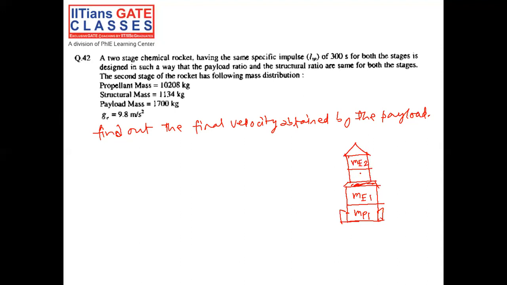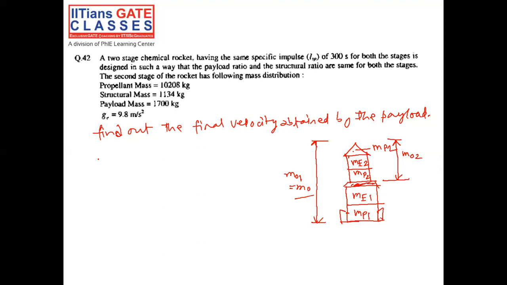Again, the structural mass and the propellant mass, and this is the payload mass MPL. Now this denotes the second stage of the rocket, and MO2 is the total mass of the second stage, and this of course is the total mass of the rocket before the rocket gets started. So MO1, that is basically MO, is the total mass of the rocket.